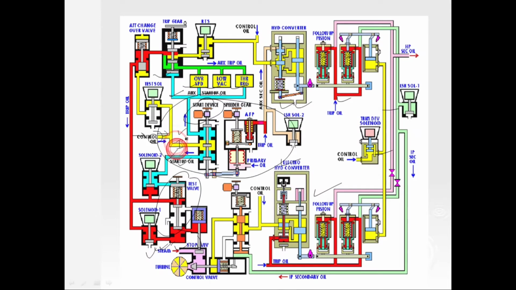This one is also a separate entity, and this one too. I will cover all of these in later videos. Today in this video I will only cover starting device and speeder gear operations.